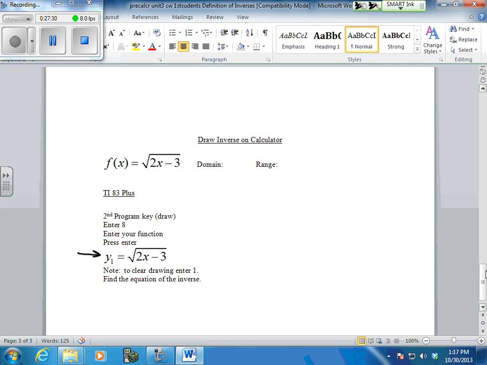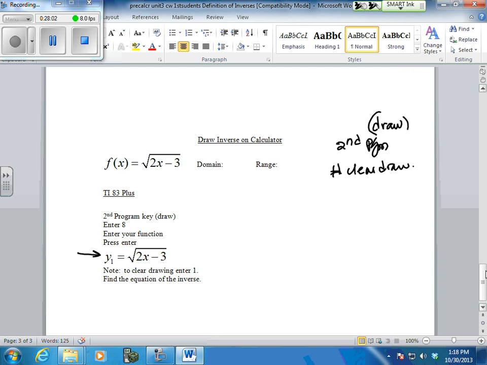Put that in your y1. Tomorrow we're going to do a whole activity on this actually. I want you to go to second program. It's right under stat delete, there's a program word. You're really using the draw. I want you to do number 1, clear draw. Clear any drawings before you start.